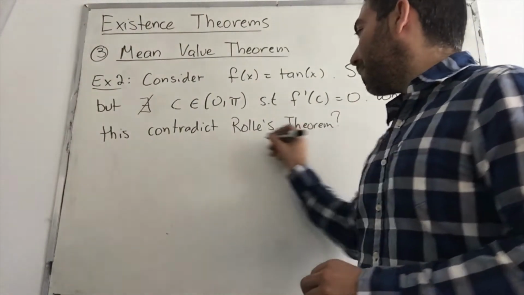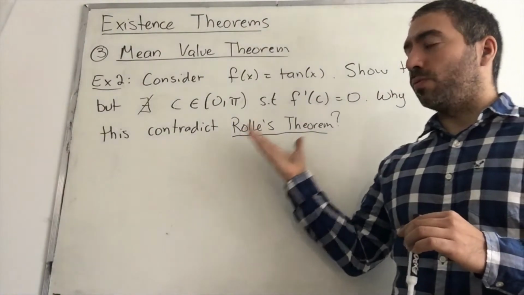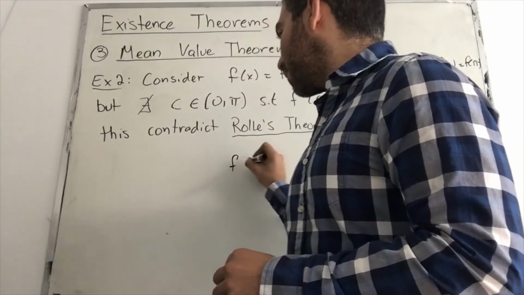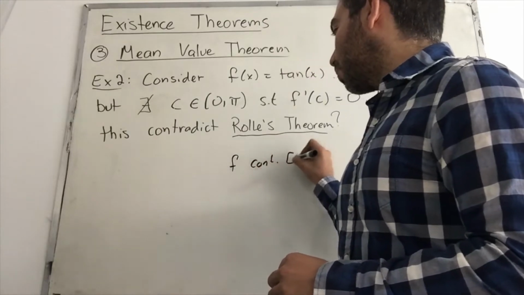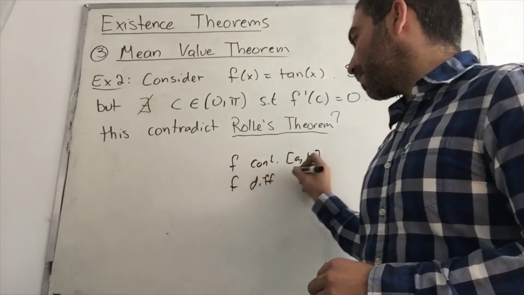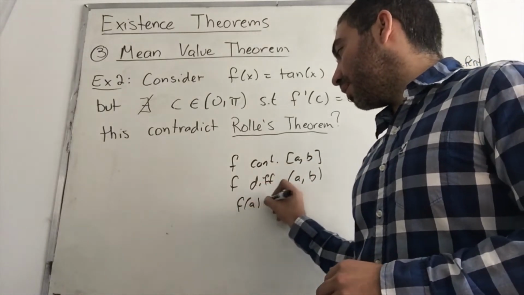So we're stepping back to Rolle's theorem. Why doesn't this contradict Rolle's theorem? So remember, Rolle's theorem states that if f is continuous on a closed interval a, b, f is differentiable on an open interval a, b, and f of a equals f of b.